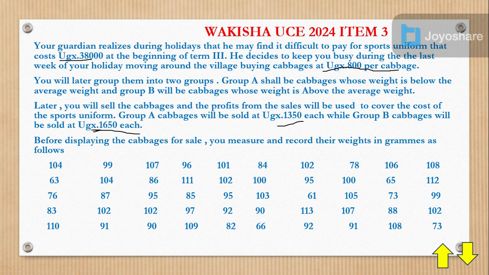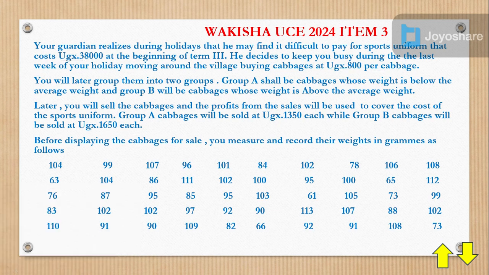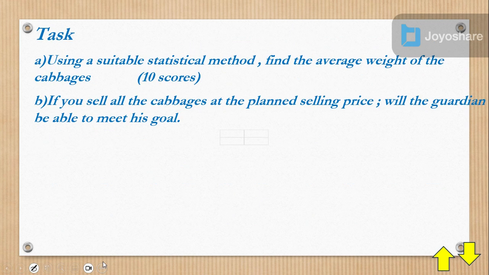Before displaying the cabbages for sale, you measure and record their weights in grams as follows. So we have the weights listed as shown below, and when you see that kind of display, you already think about statistics as a topic or data display. Let's proceed. Part A, using a suitable statistical method, find the average weight of cabbages.